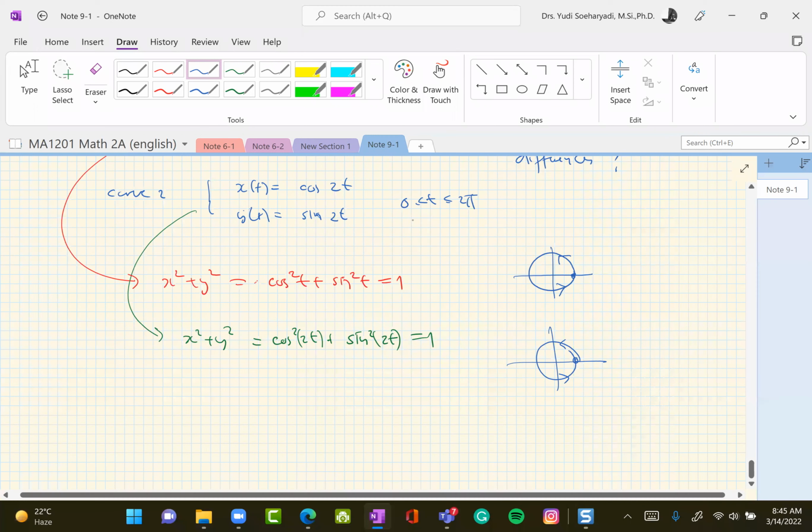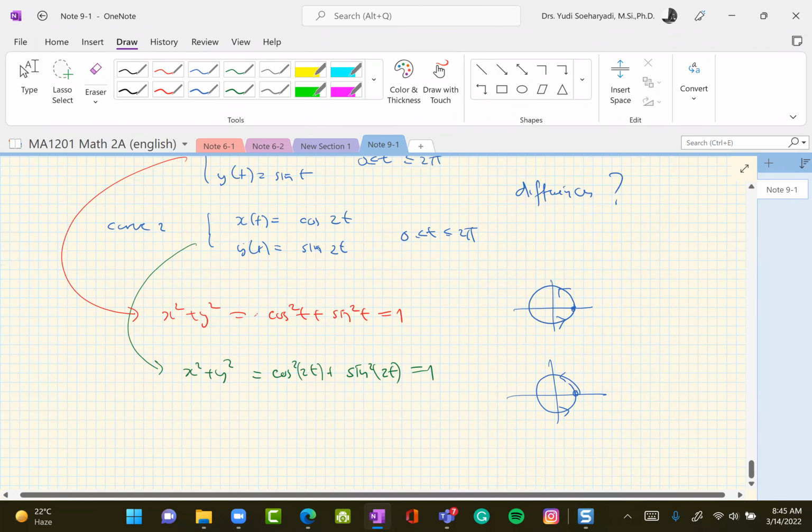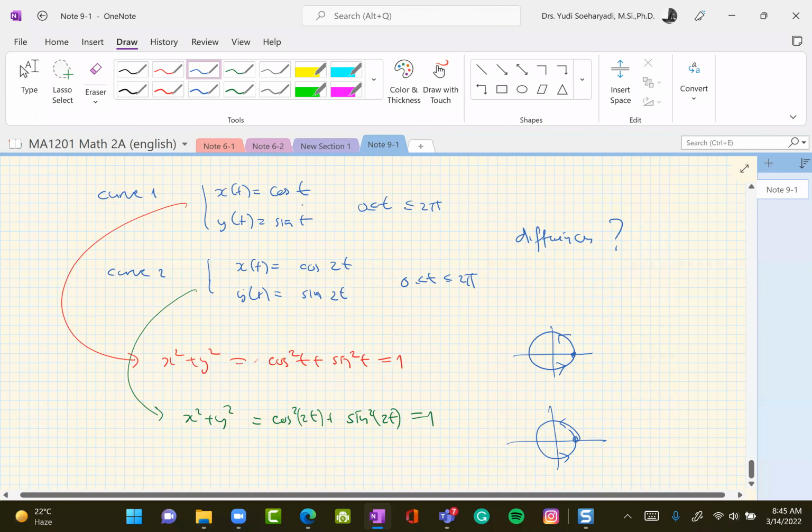So think of t as time. Do you recognize any difference between 1 and 2? So always think of this as a motion of a particle. So let's see, the first one, the initial point is this one here.